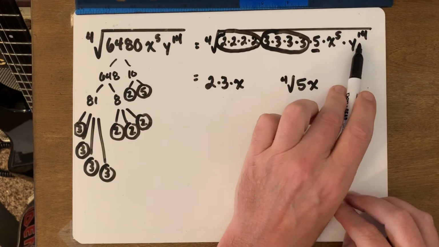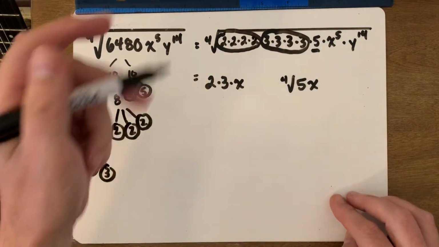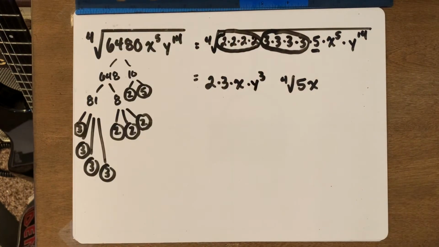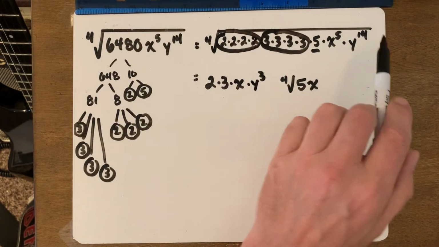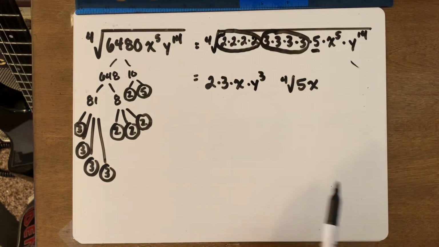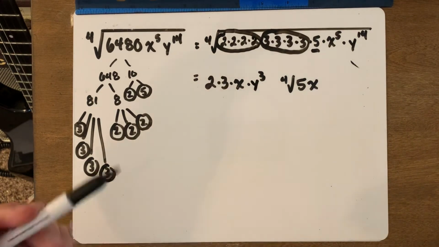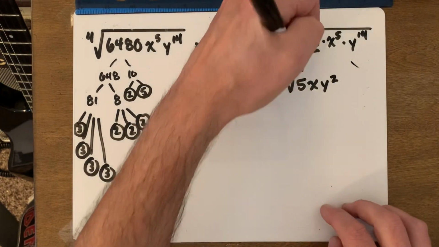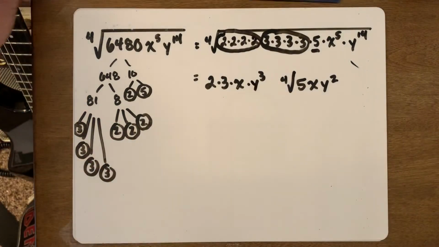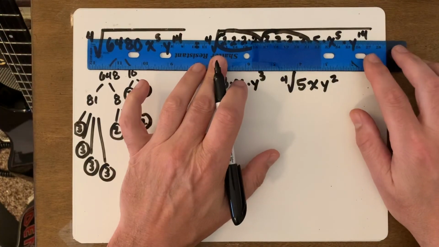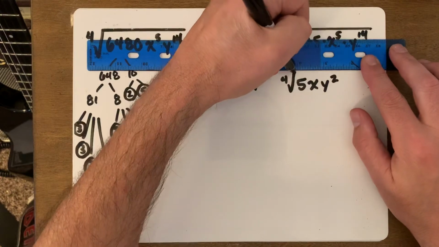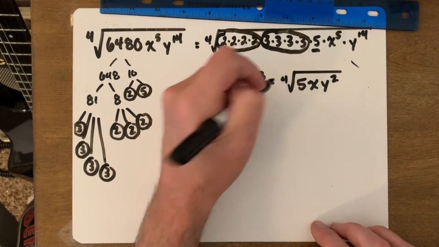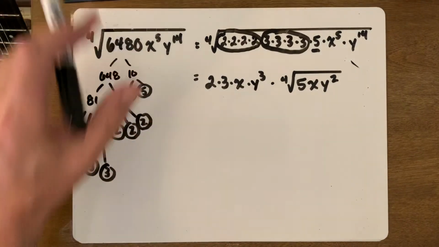14, 4 times 3 is 12. So I can take 3 groups out there. Okay, but what's left? 12, 13, 14. So 2 more are going to be left here after I take the 3 groups of y out. So those extra 2 are going to be shown right there with this 4th root right there. So now I'm going to put a little dot there, and I have now my final answer.